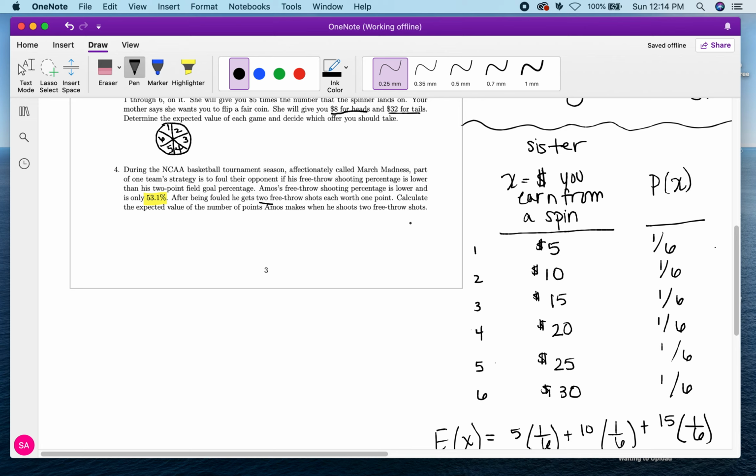So this one we kind of have 2 steps actually. First, we want to look at just the expected value of him making 1 shot, essentially. What's the probability that he's going to make the shot?